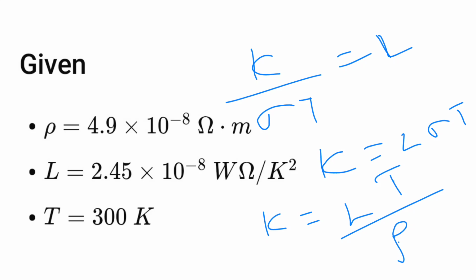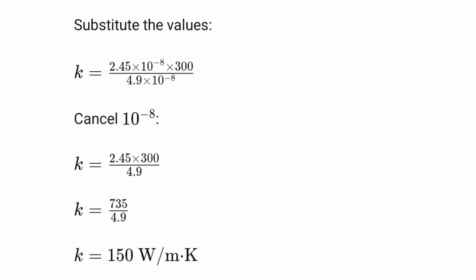Substitute all these values in this formula and simplify, we get K equal to 150 watt per meter Kelvin.